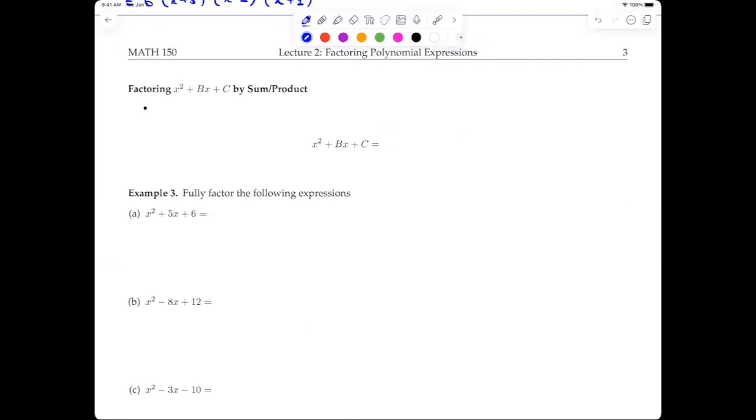So technically what you're trying to do is find two numbers, little a and little b, such that when you add these two numbers together, you get capital B, and when you multiply these two numbers together, you get capital C. And if you can find these two numbers, little a and little b, the expression x squared plus capital Bx plus capital C can be written as x plus a times x plus little b.